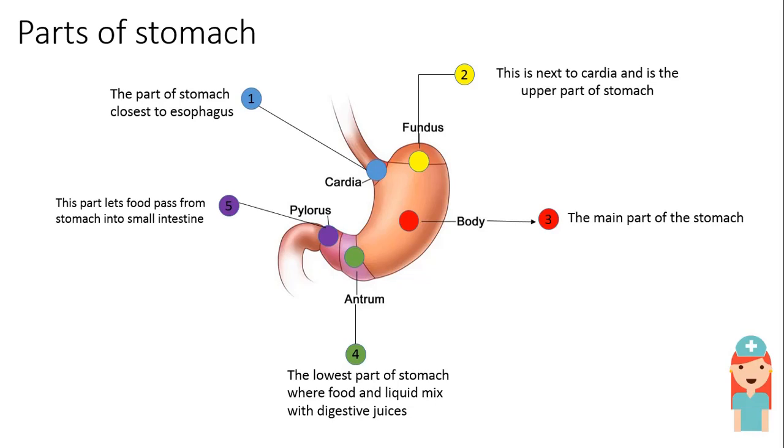The fifth one is the pylorus. This part lets food pass from the stomach into the small intestine. Now remember the pylorus, as it plays an important role. Once in the small intestine, nutrients head into the blood and waste starts the process of moving out.